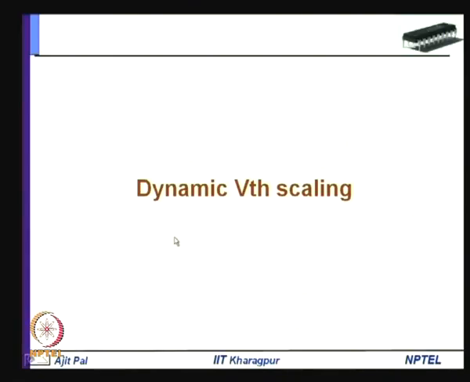Okay. Now, let us come to another approach where we shall use dynamic VTH scaling. Earlier we have discussed a technique, dynamic VDD scaling. Now, we shall consider dynamic VTH scaling.